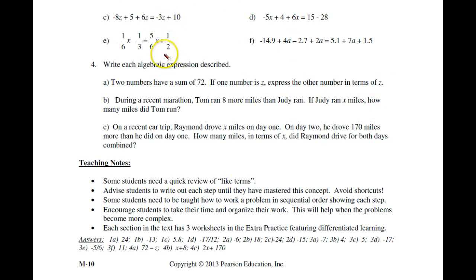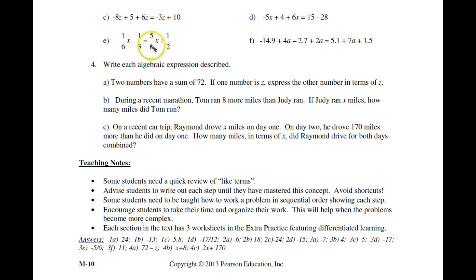All right, now, this one is very crucial because there are lots of fractions. And we want a technique that will allow us to get rid of all our fractions when we have an equation like this.